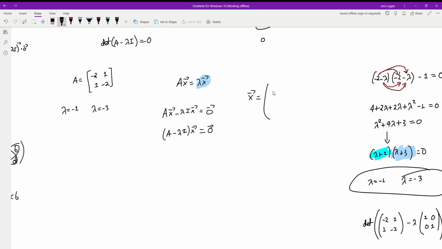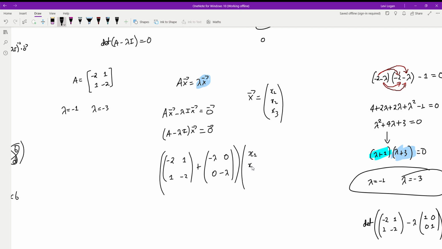Now we're going to define our vector, this is our eigenvector, in terms of coordinates. So we'll have x1, x2, and x3, okay? And we have our matrix here, so we're going to rewrite this whole thing as -2, 1, 1, -2, plus negative lambda, 0, 0, negative lambda, multiplied by this vector x1, x2, x3, is equal to our 0 vector, which is just 0, 0, 0, okay?